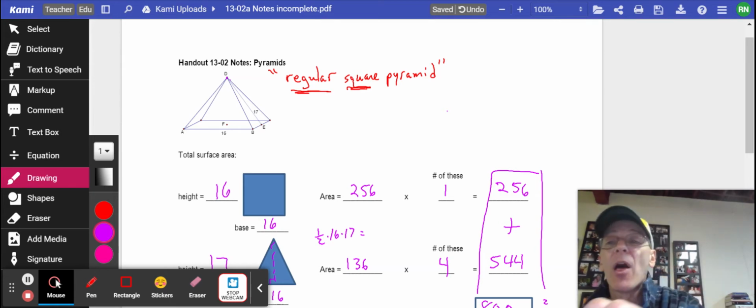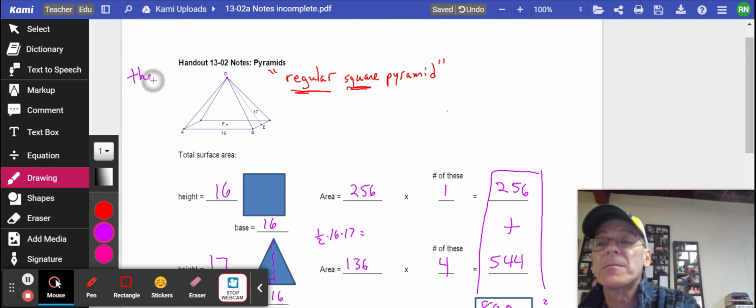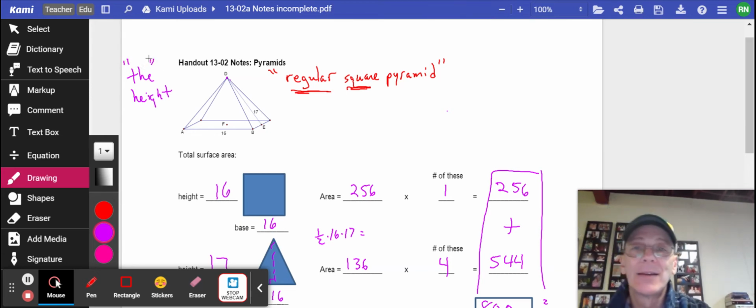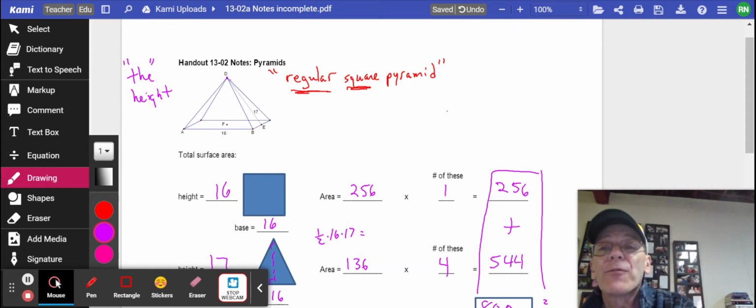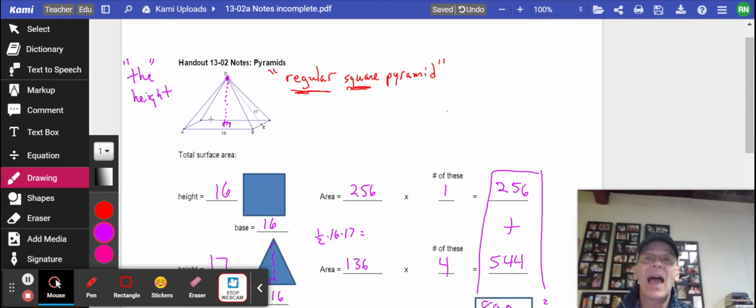When we talk about the height of a pyramid, the height, like as if it were the one and only height, we're talking about the height from the top point of the pyramid down to the base of the pyramid at a right angle like that, as if you were measuring the altitude of this pyramid.